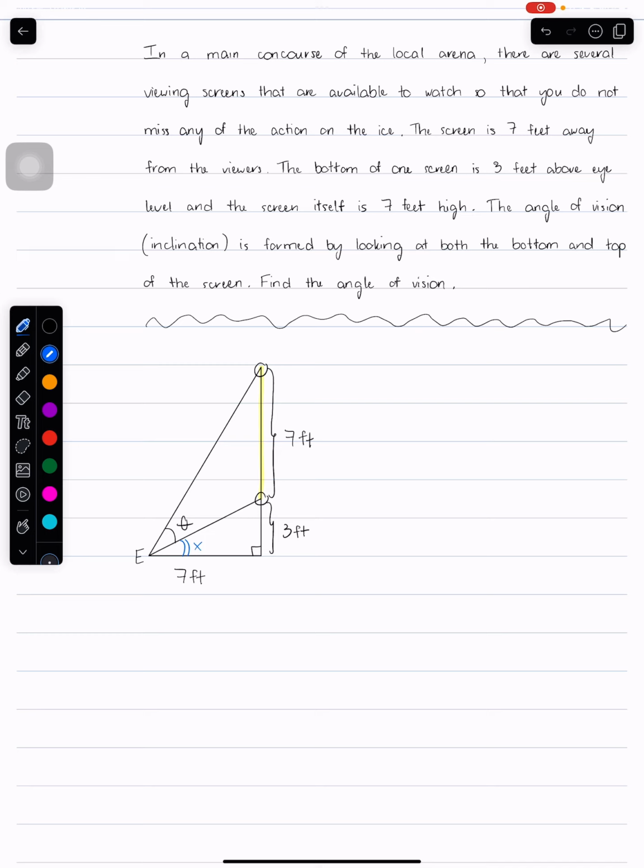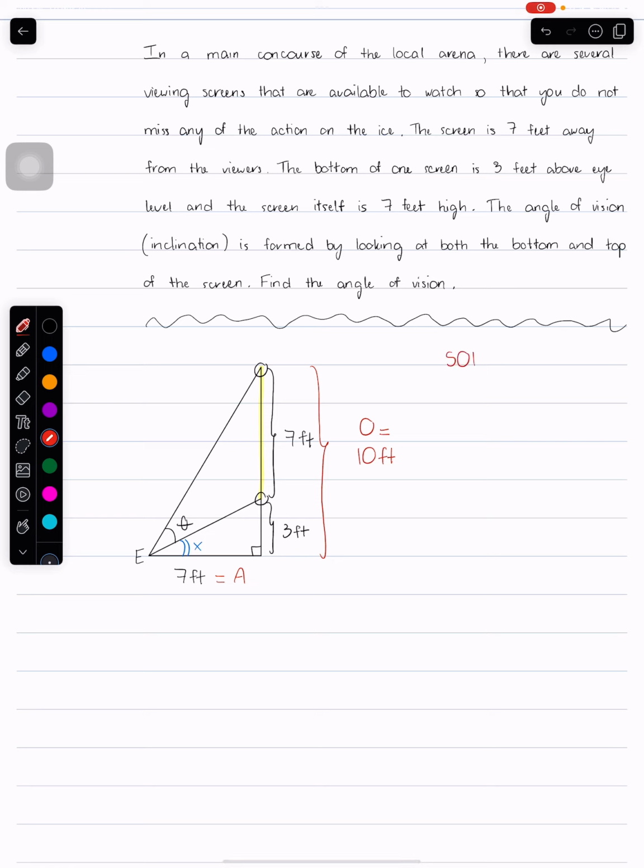To get the angle E, first of all, let's look at the big right triangle, where the height in here would be together 10 feet. And that would be the opposite side to the angle E. And the 7 feet in here would be the adjacent side to the angle E. So SOH, let me just put up the definition in here.